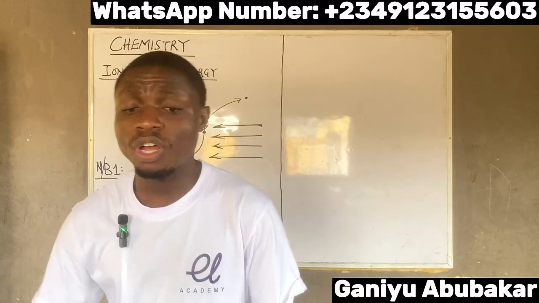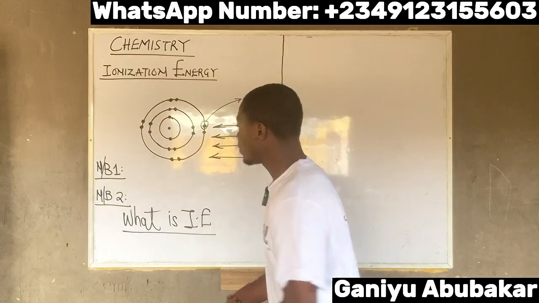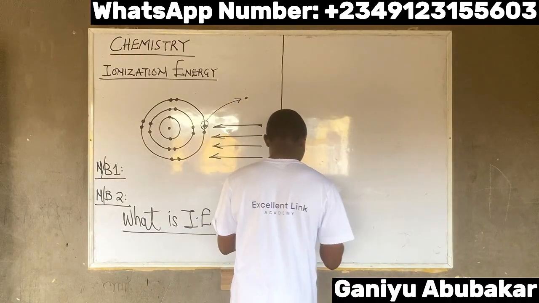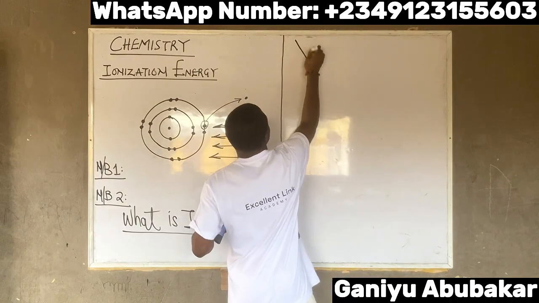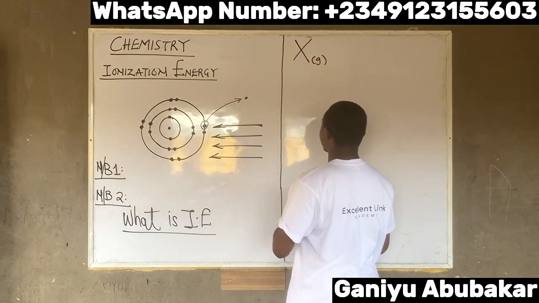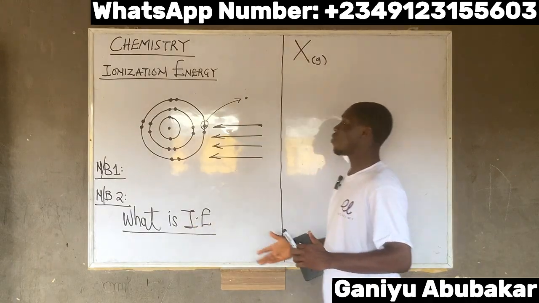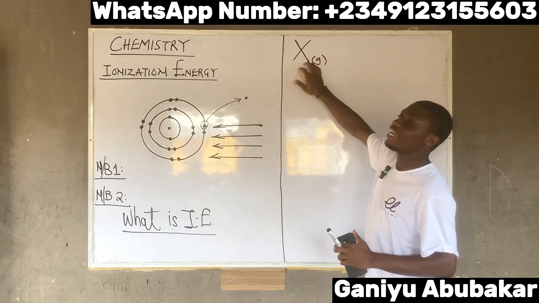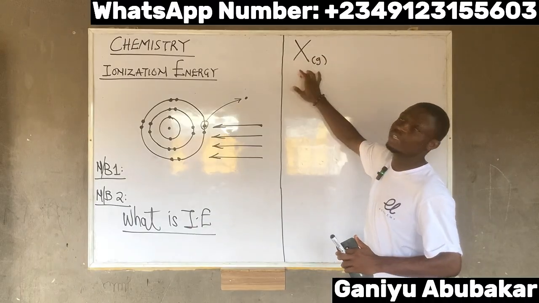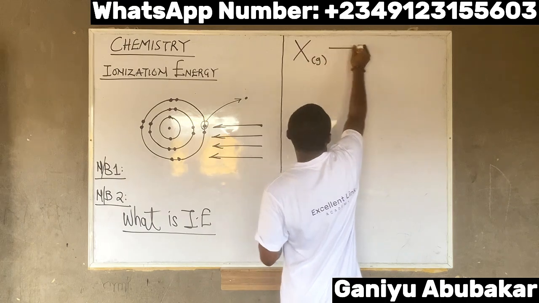Those ions or atoms must be in a gaseous state. So let's say, for instance, I have a neutral atom, let me call it X. This X is in the gaseous state. Makes sense, right? So we said IE is the amount of energy required to remove an electron from a neutral atom. Here is the neutral atom, and I want to remove an electron from it.